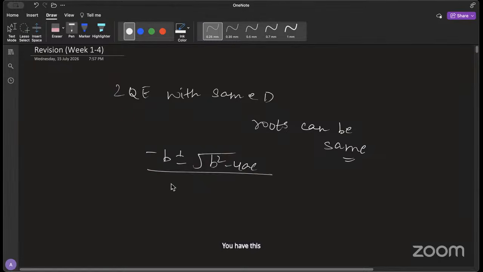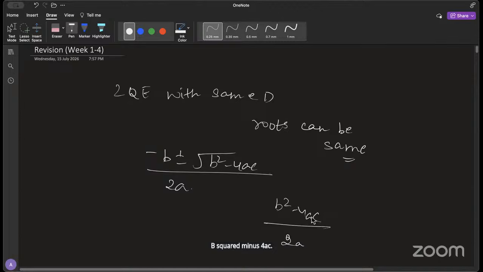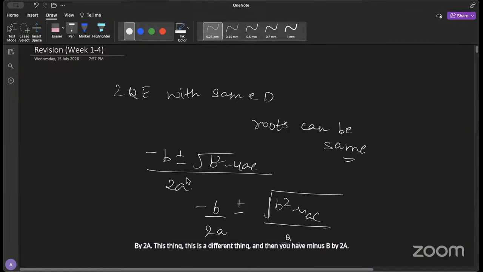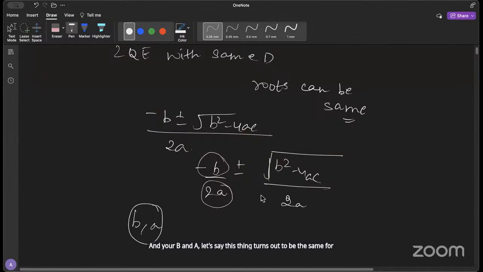You have this, right? And then you have 2a here. So you're saying that if your discriminant is the same, let's say b square minus 4ac by 2a. This is a different thing, and then you have here minus b by 2a. For the discriminant, you need b square minus 4ac. It involves b and a both. Let's say this entire thing, b square minus 4ac, turns out to be the same for both equations.